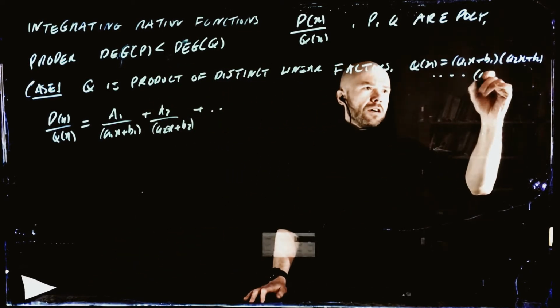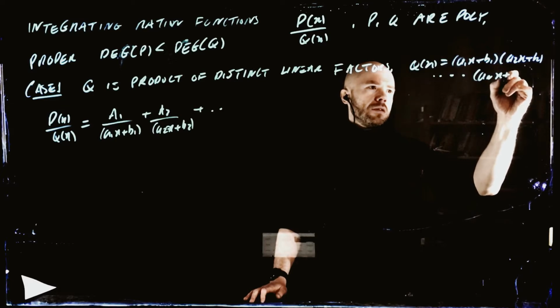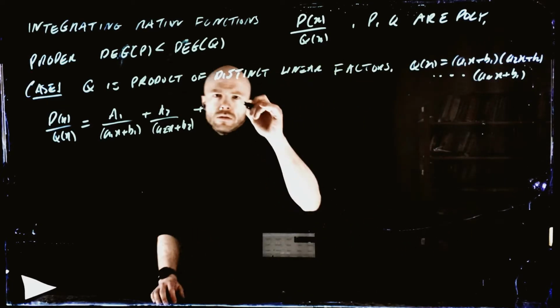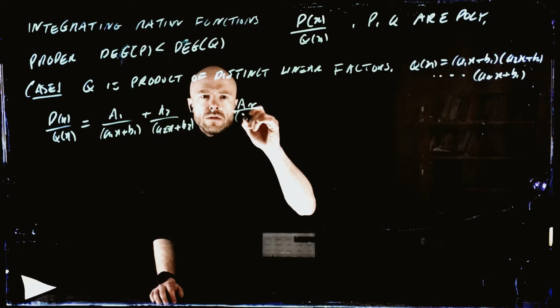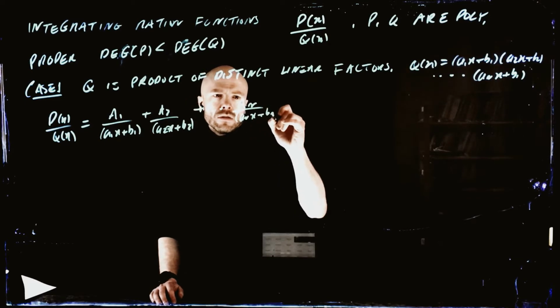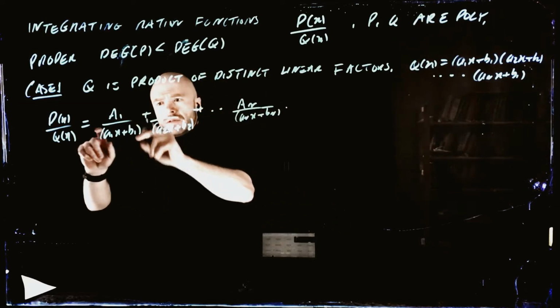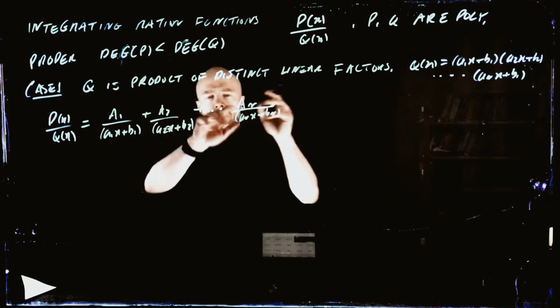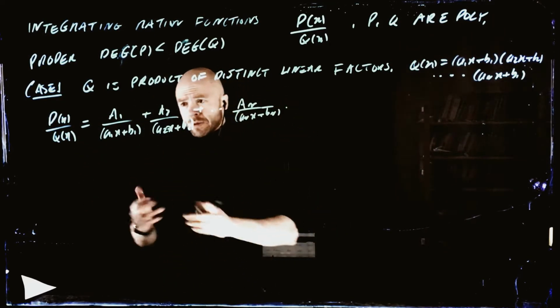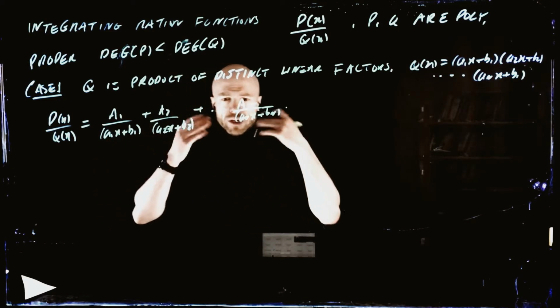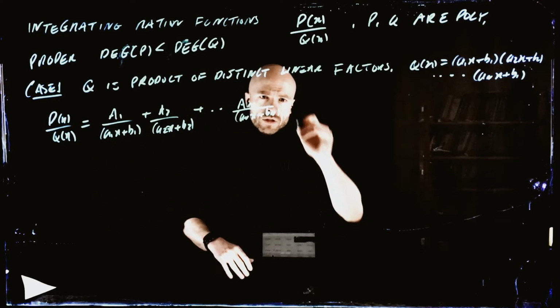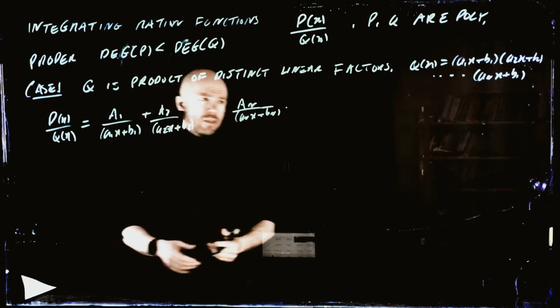Suppose we have r factors. And then the trick is to actually find these coefficients, A1, A2, A3, and so on up to Ar. Because once we've done so, each one of these individual things is easy to integrate. Yeah? So I'm going to quickly run through the cases and we'll do an example.